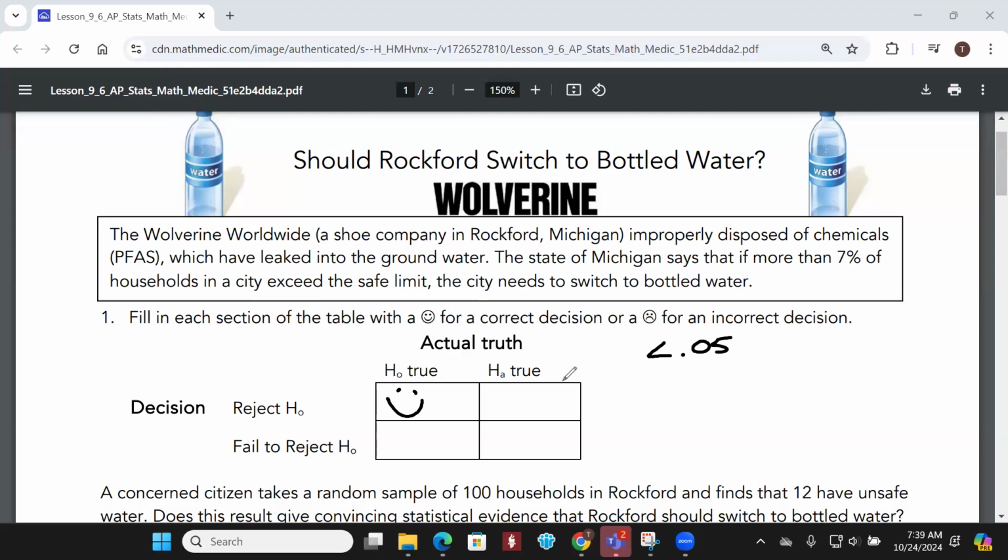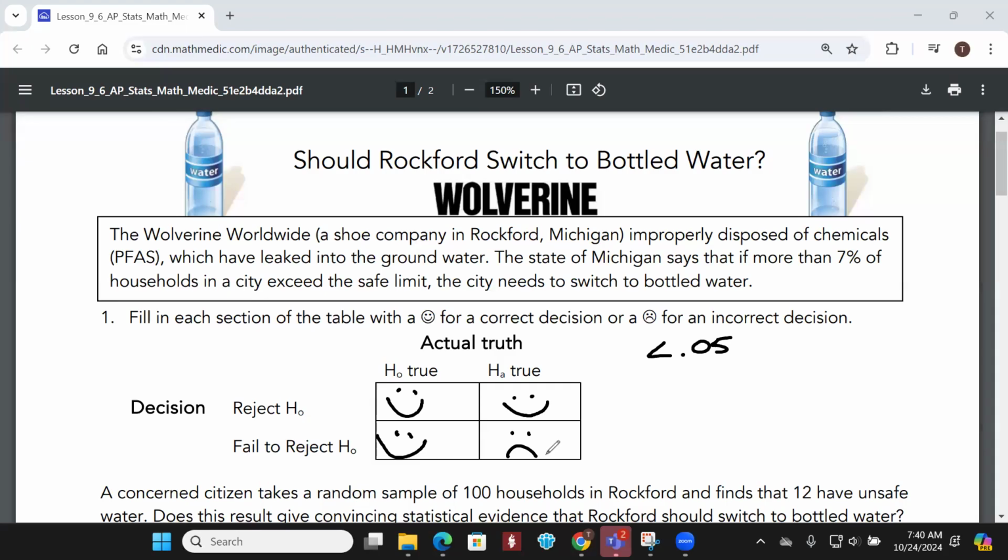If the alternative is true, we still reject the null. Yes. If the null hypothesis is true, we can fail to reject the null. And if the alternative is true, then we fail to reject the null.